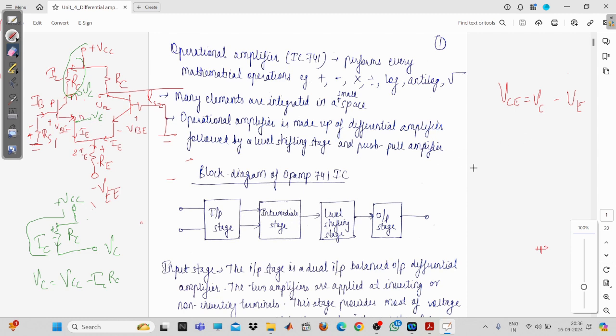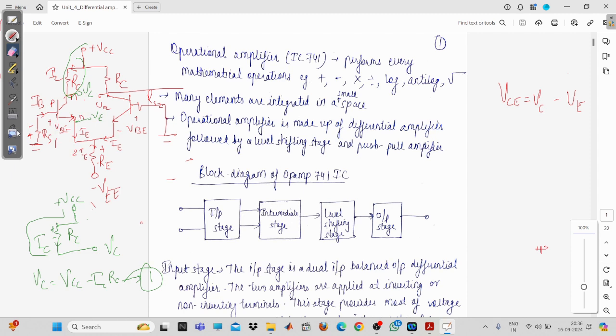This is the first equation which I have written. For the second one, to calculate the emitter voltage, the emitter is not connected to the ground. This entire arrangement is here.